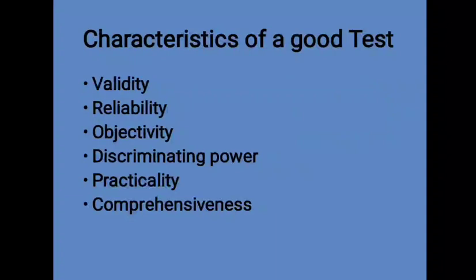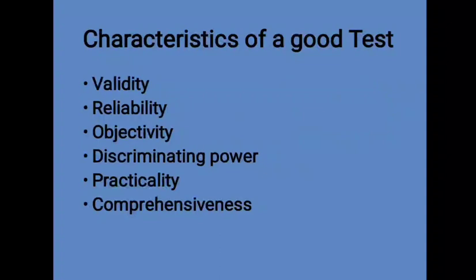A test score can be said reliable when it is stable and trustable or trustworthy. Next one, objectivity. Objectivity means the definiteness of the answers a test expects. Discriminating power.